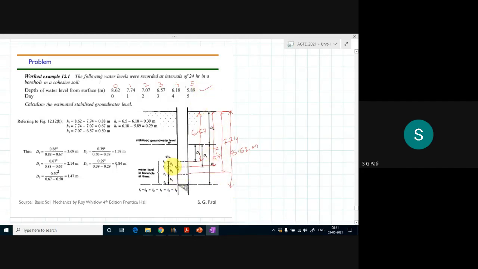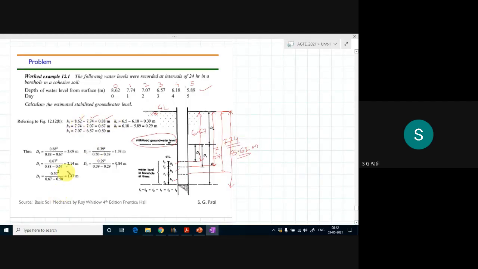Now they are asking you to find out the stabilized groundwater level. Where is this stabilized groundwater level from the ground level? This is the ground level. Let us start the problem. First I have to calculate these parameters h1, h2, h3. H1 is nothing but 8.62 minus 7.74.